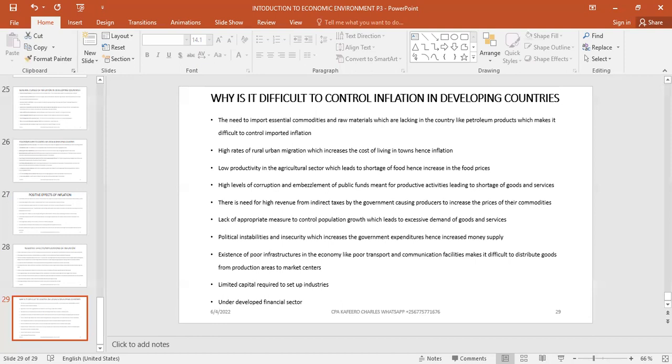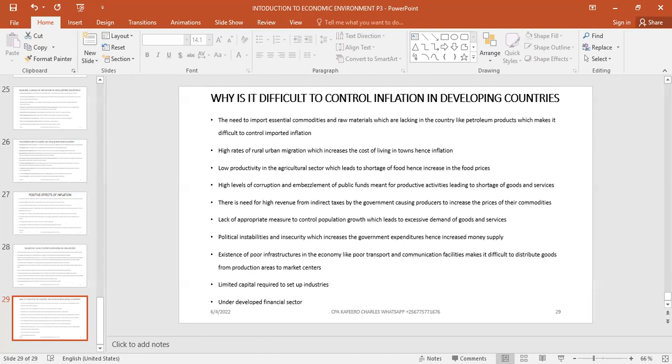Secondly, they are making the cost of living high, because as the people increase, we expect that the demand is going to increase. And when the demand increases, then the prices for social welfare are also going to increase. And when they increase, the cost of living is also going to be high, hence leading to inflation.